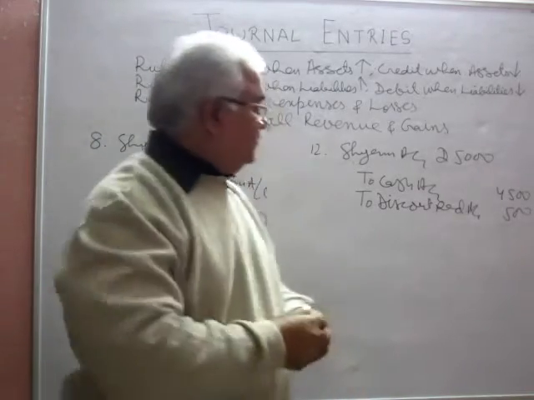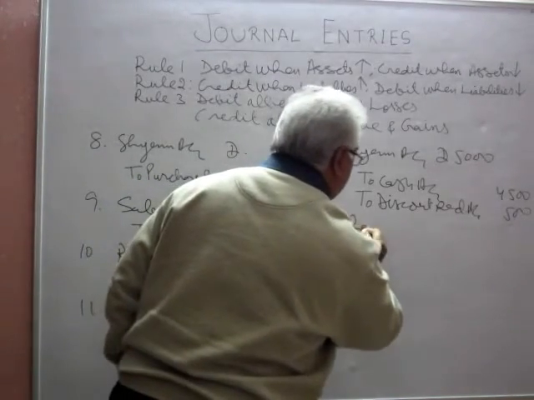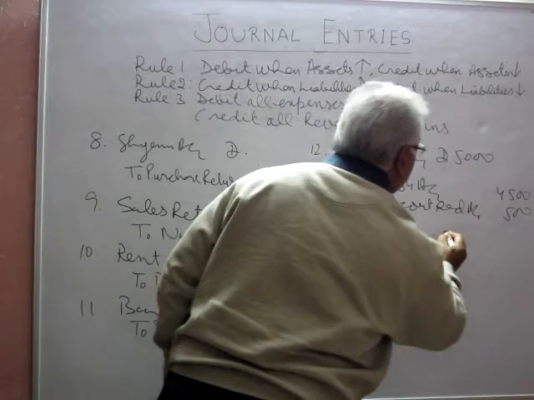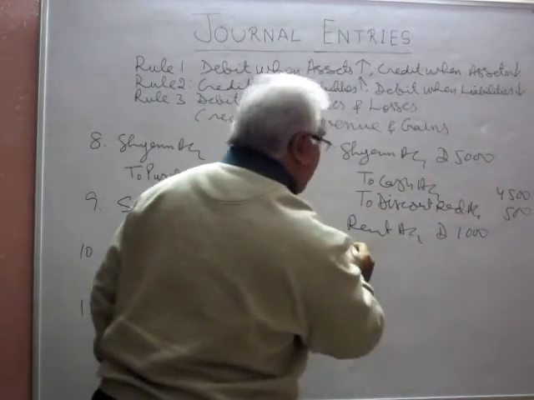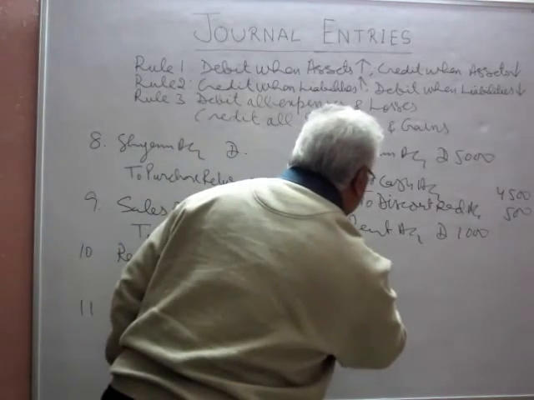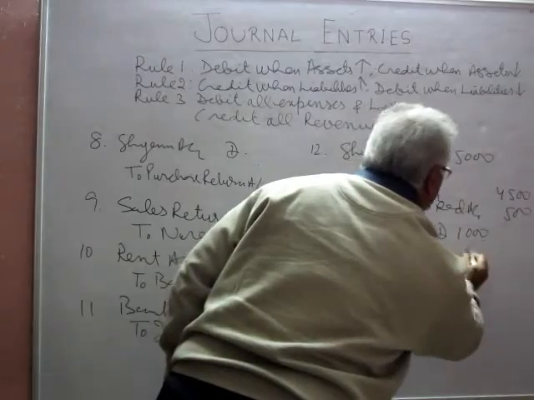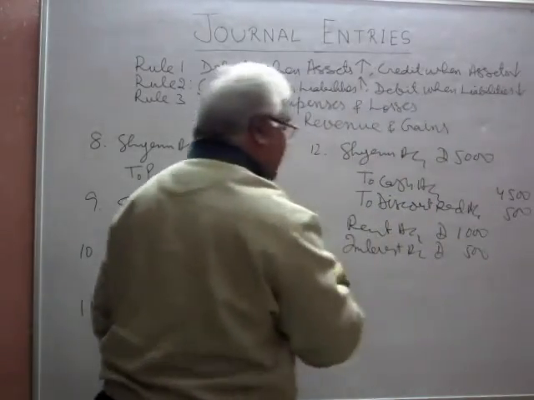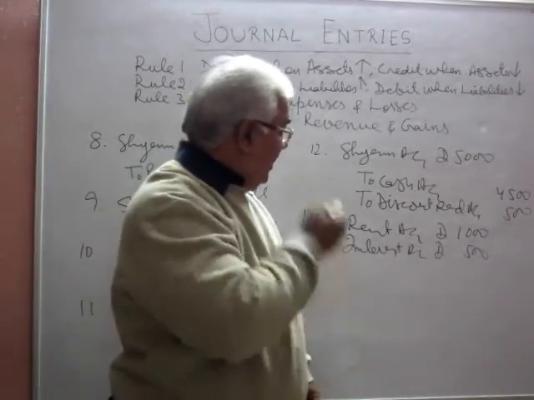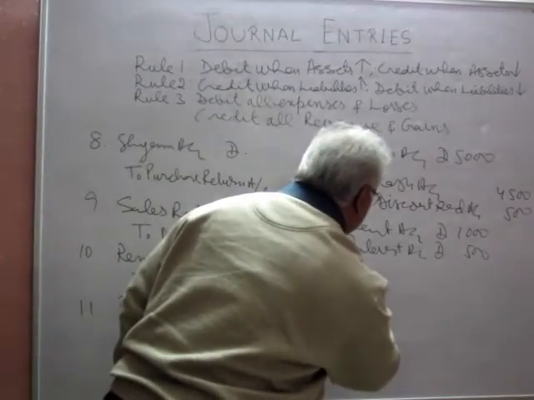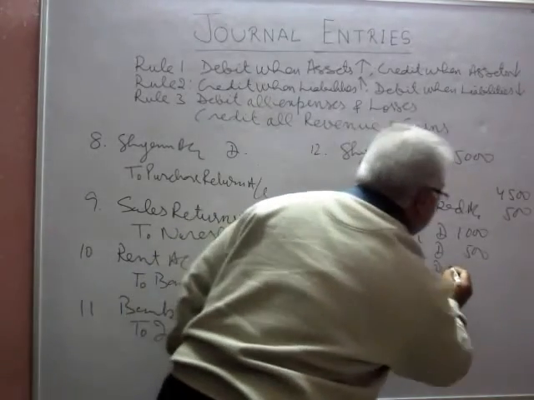For example, if we pay rent, so rent account will be debited. Say we pay 1,000 rupees, and if we pay interest also 500 rupees, and for example if we pay salary also, so salary account will be debited, say 3,000.